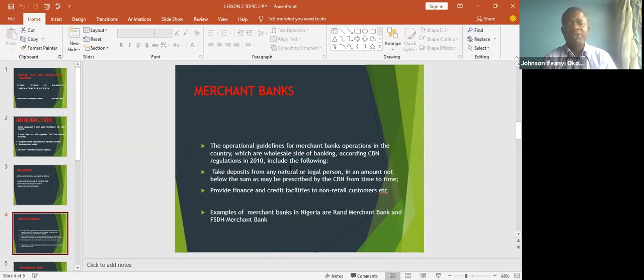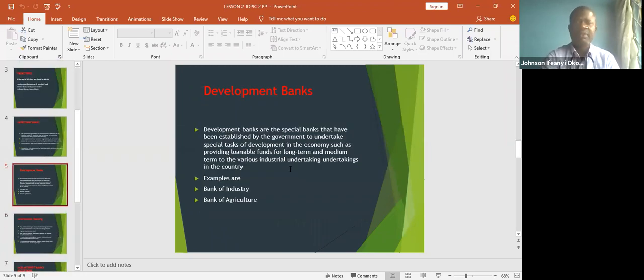They take deposits from any natural or legal person in the amounts specified by the central bank. They provide financial and credit facilities to non-retail customers. Examples of merchant banks in Nigeria are the Rand Merchant Bank and the FSDH Merchant Bank.